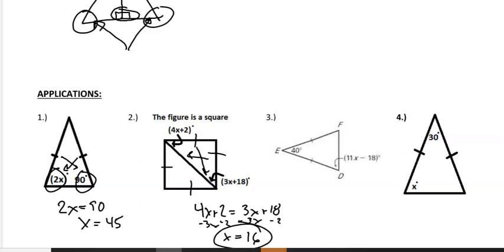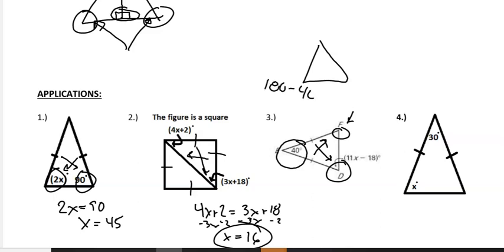Now this one is just a little bit trickier. We know that this angle is going to be congruent to that angle because they are opposite those congruent sides, but I don't even know what this one is. So how could I do this? Well, one way is you know that this is 40 degrees, so how many degrees are left over? 180 minus 40 gives you 140.